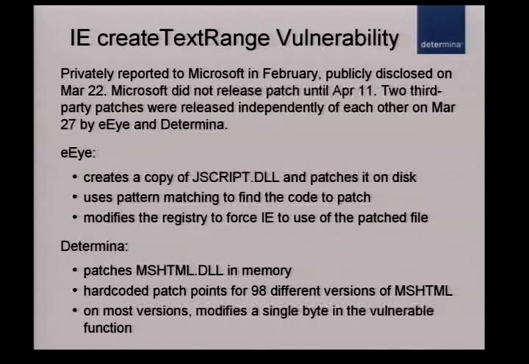So 3 months later, we saw another security vulnerability affecting Internet Explorer, and that seemed suitable for hot patching. This time there were two security companies who decided to develop these patches. The vulnerability had been disclosed to Microsoft.